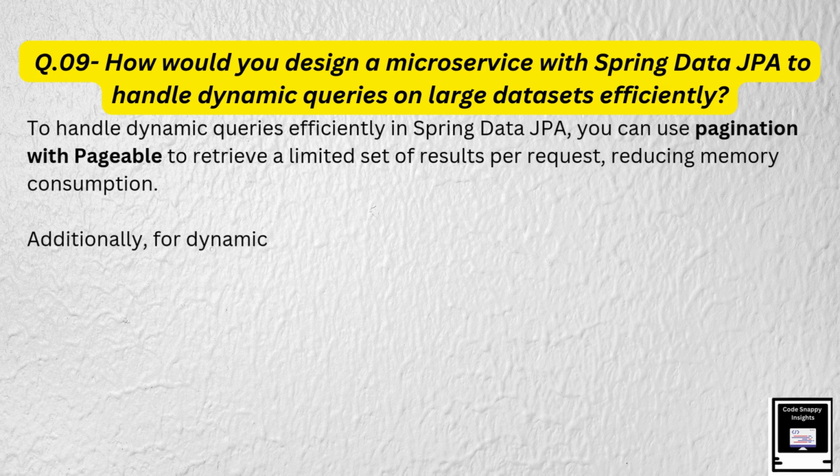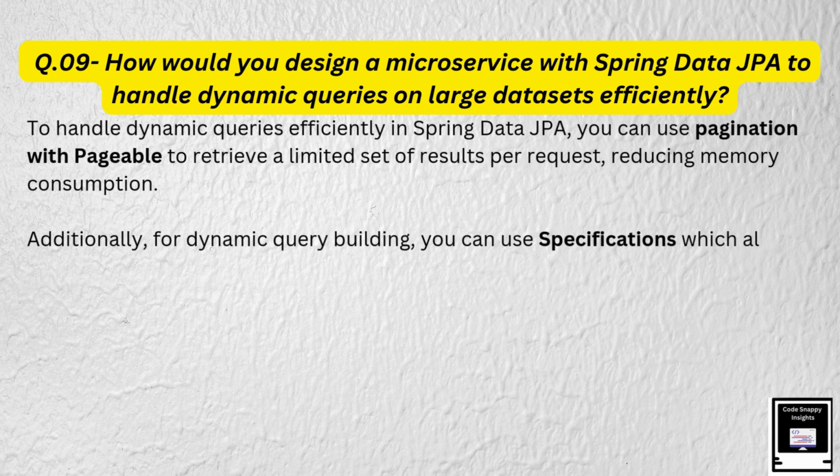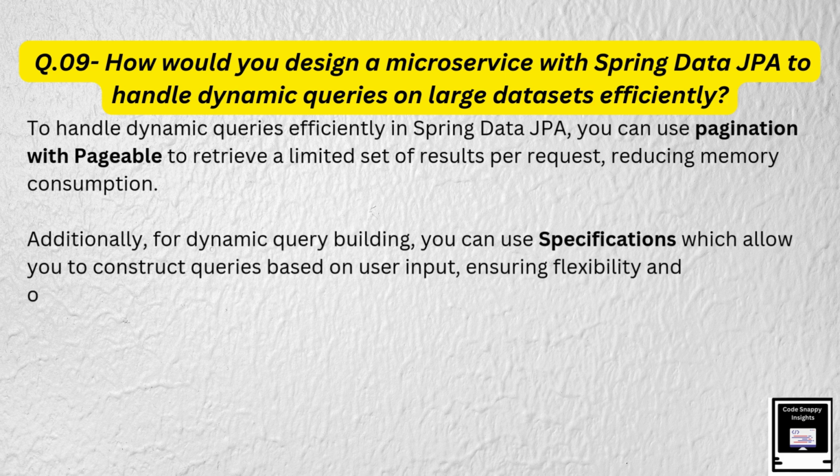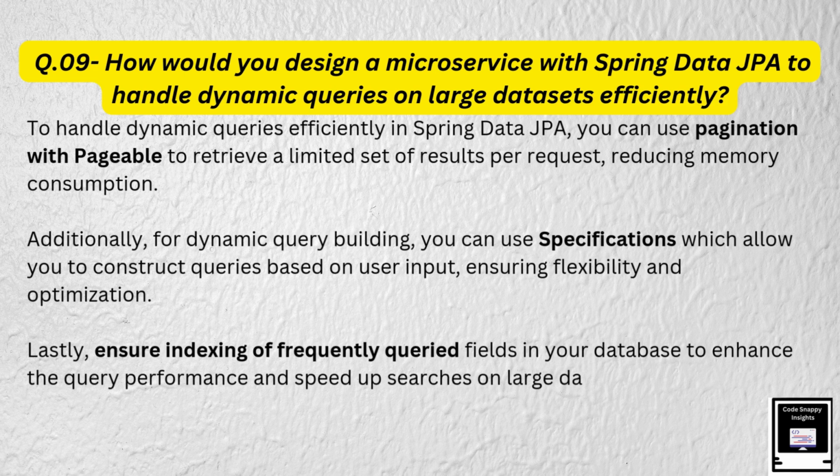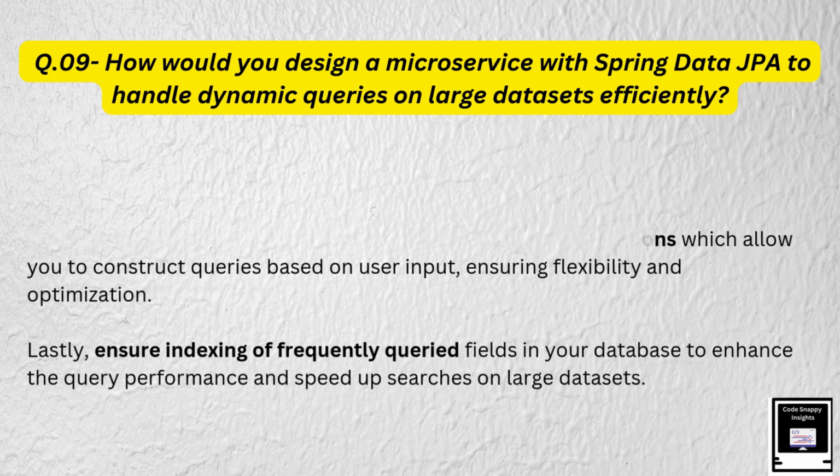Additionally, for dynamic query building, you can use Specifications, which allow you to construct queries based on user input, ensuring flexibility and optimization. Lastly, ensure indexing of frequently queried fields in your database to enhance query performance and speed up searches on large datasets.